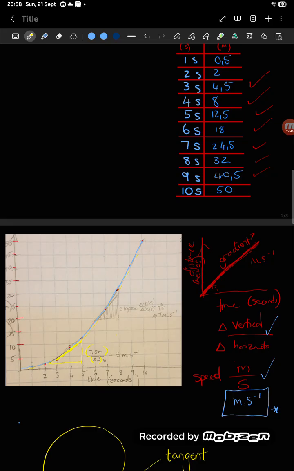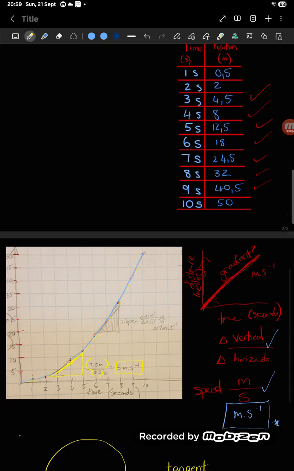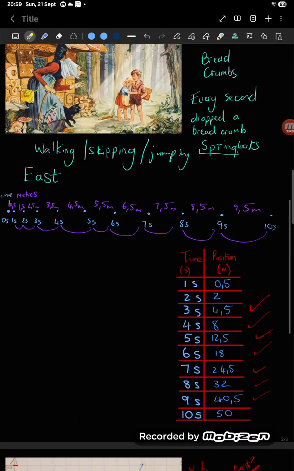Please actually draw this accurately so that you can find out what speed Hansel and Gretel were going at 3 seconds and at 7 seconds.